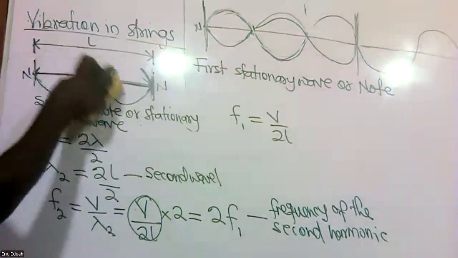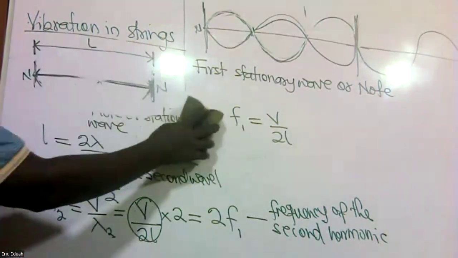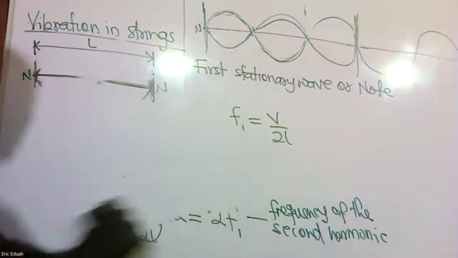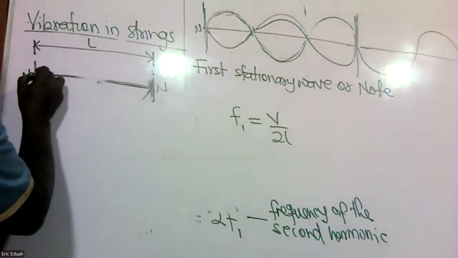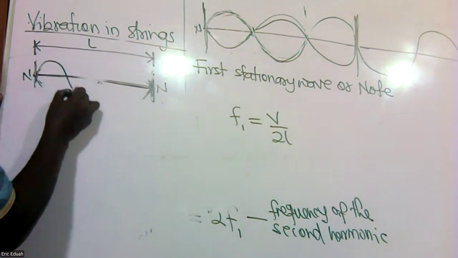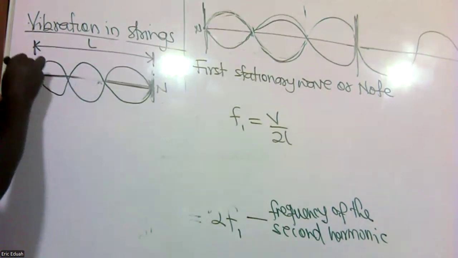Therefore, the same length L, but the stationary wave for the third harmonic would have to be 1, 2, so reflect to form this.